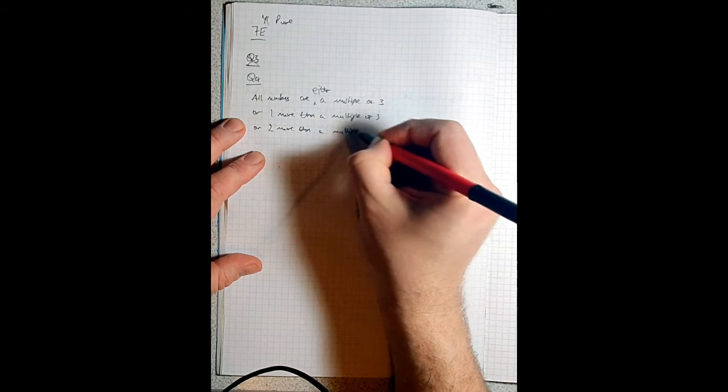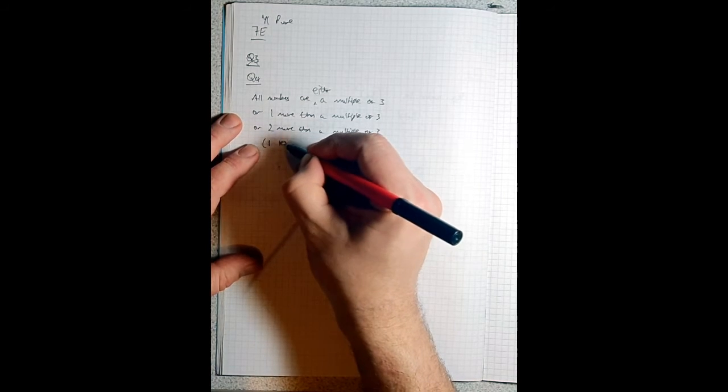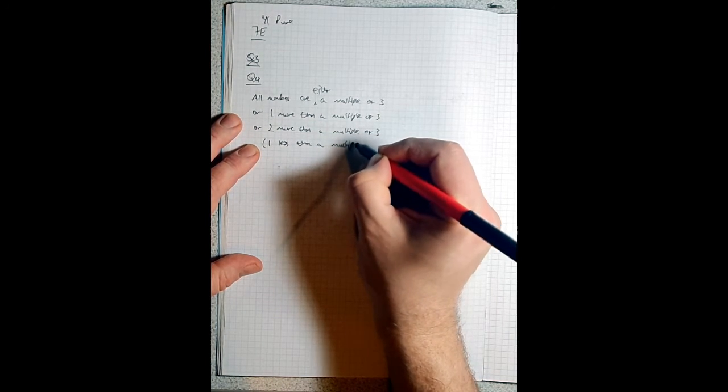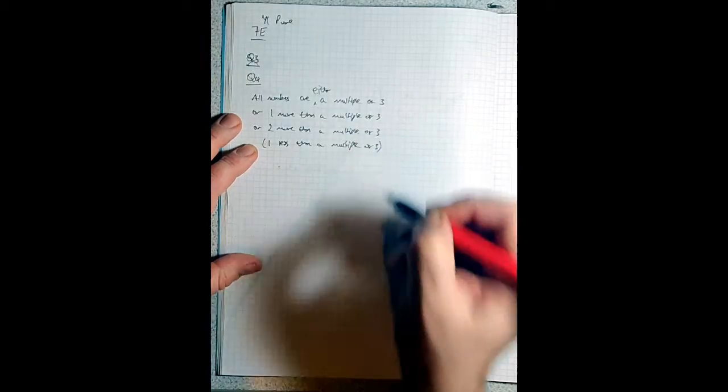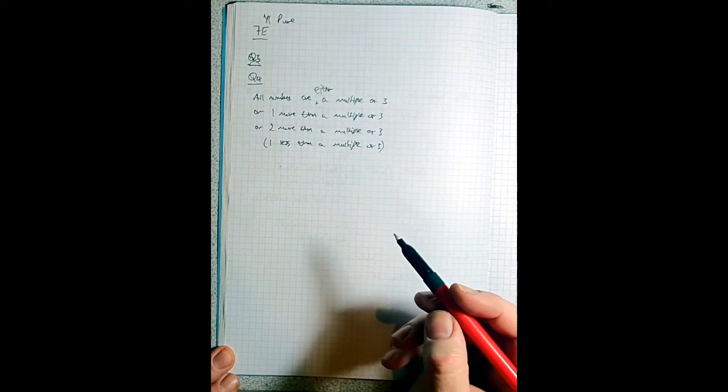And of course, 2 more than a multiple of 3, I could also have said 1 less than a multiple of 3. Or indeed, I could have said 2 less than a multiple of 3.